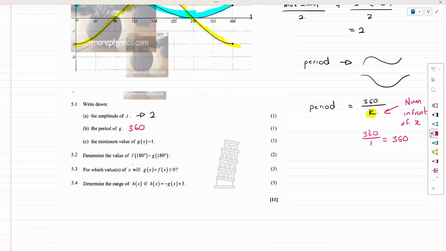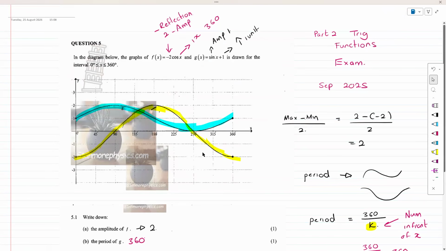The minimum value of g of x minus 1. Now, guys, questions like this are quite simple. Realistically, it doesn't take a lot of effort. We're going to go to g of x and we're going to shift it down. At the moment, the minimum point of g of x is 0.